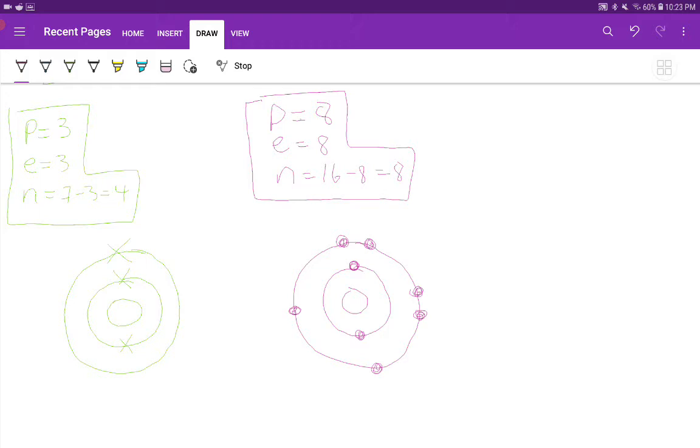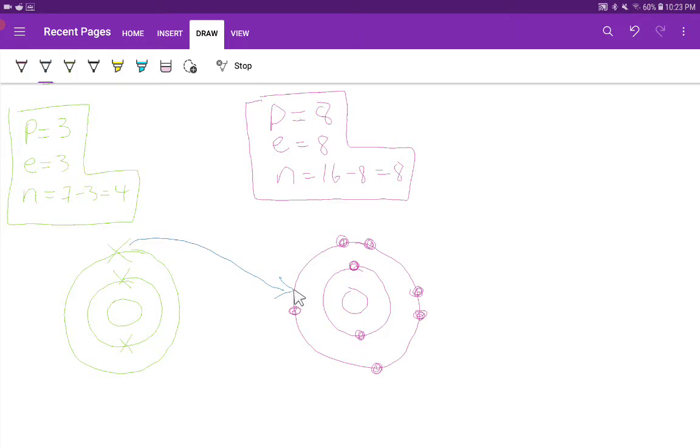Now when this lithium atom right here gives an electron to oxygen, so let's give the electron to oxygen, let's transfer that electron. Oxygen started out with 1, 2, 3, 4, 5, 6 electrons, and if it gets another one, that means it has 7, or it will have 7.